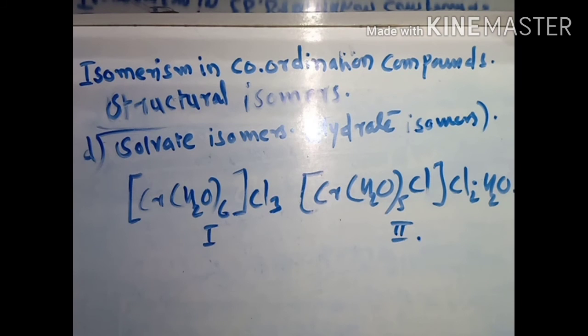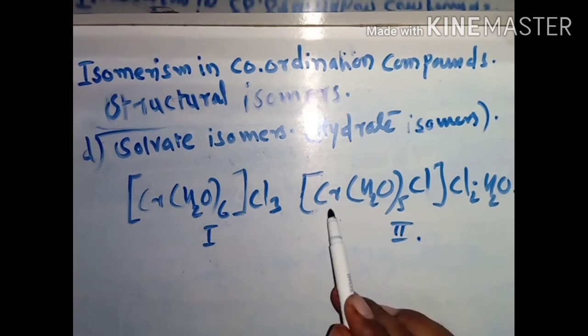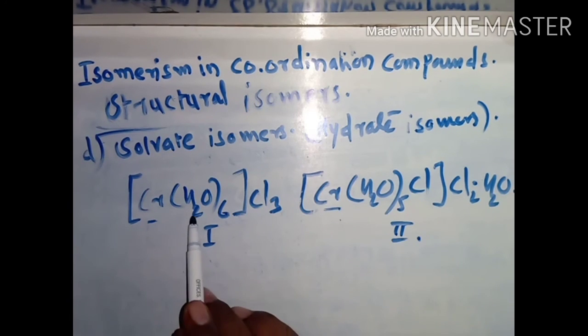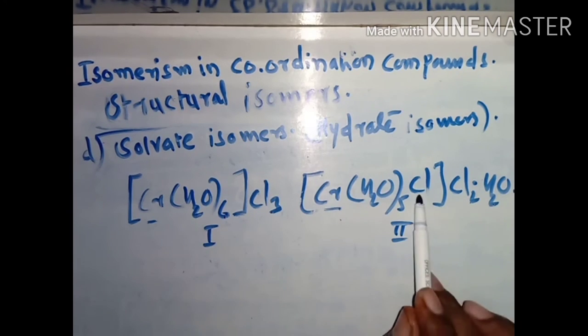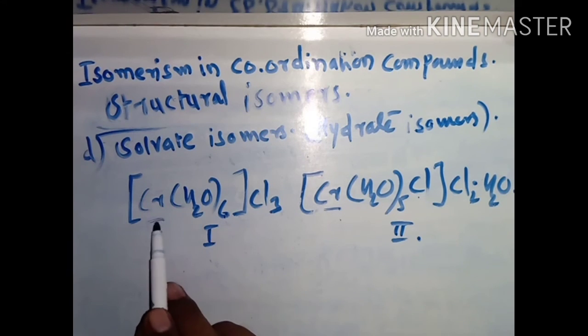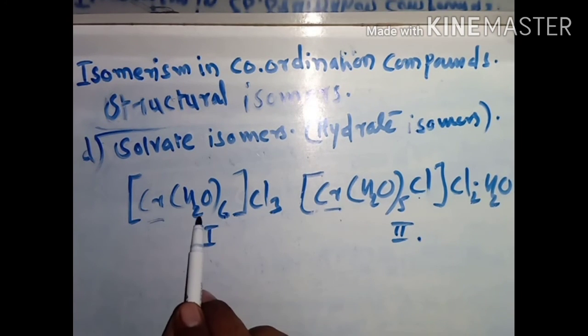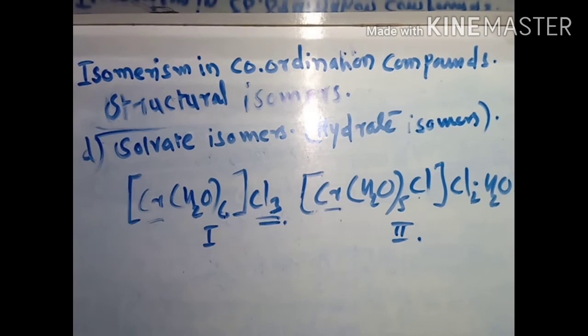Okay. Now what is going on here? Chromium is central metal ion in both of the cases. Here 6 H2O and 3 chlorine are there. Here also 6 H2O and 3 chlorine are there, but they are written differently. How? In first case chromium is attached to 6 ligand, that is 6 H2O ligand. Now this H2O will be exchanged by this chloride ion.